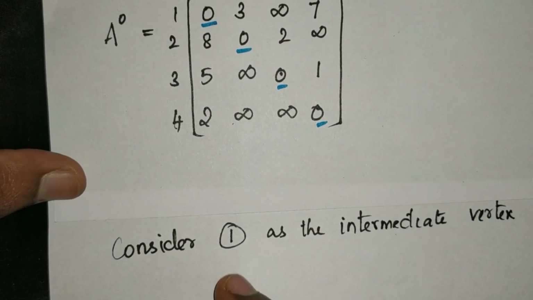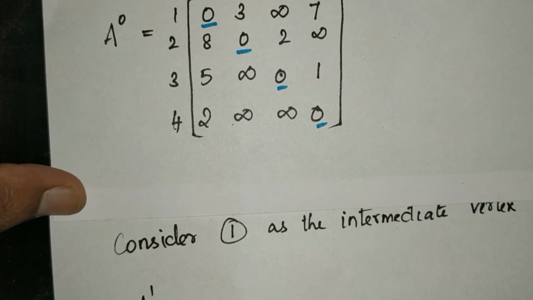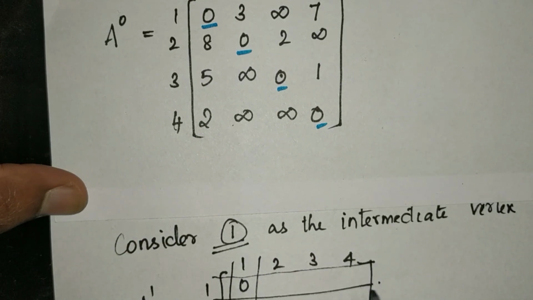Having taken 1 as the intermediate vertex, we are going to create a matrix where the diagonals will all be equal to 0, and since we are taking 1 as the intermediate vertex, the row 1 and column 1 will have the same values as in the previous matrix.